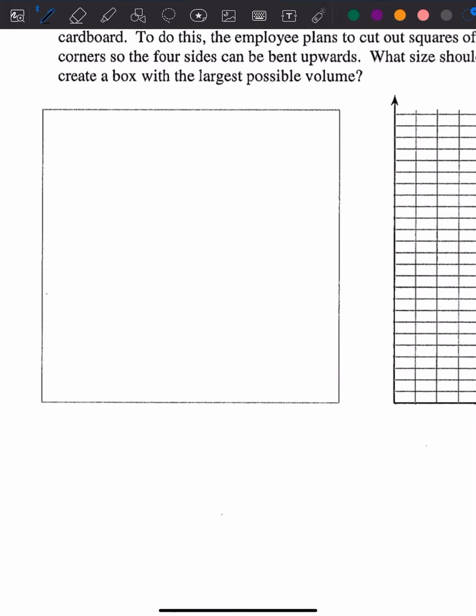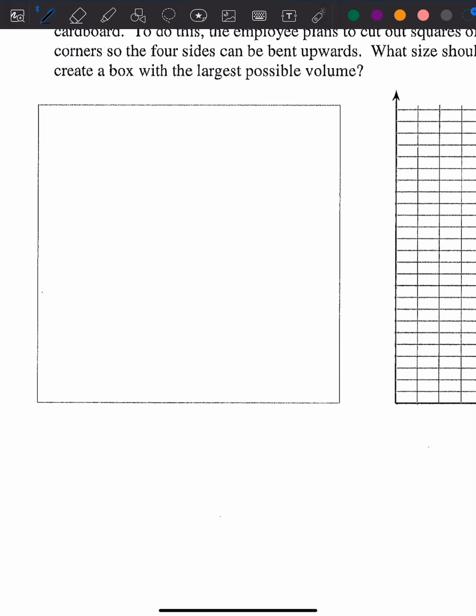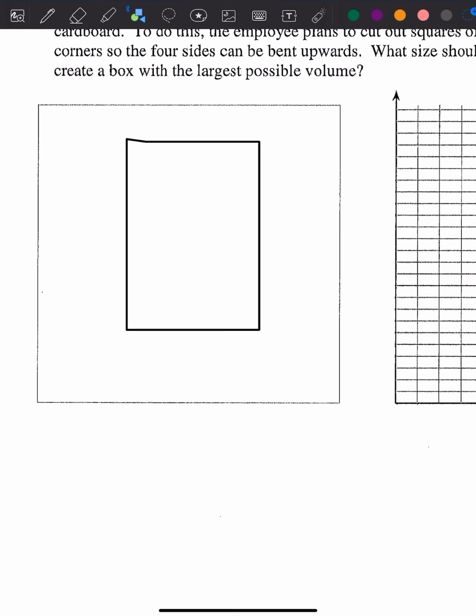So the first thing I'm going to do is draw this rectangle. So we need our piece of cardboard. And then we need to take out pieces from this cardboard. So what we're going to do is pull out a square from each corner.